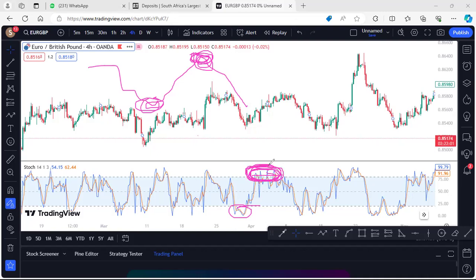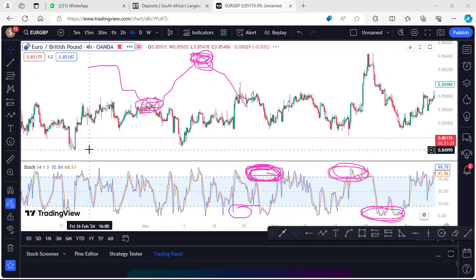Resistance. Yes. When the price gets here, you start to look for buying or selling opportunity. Buying opportunity. Yeah. So that is what the stochastic indicator does.